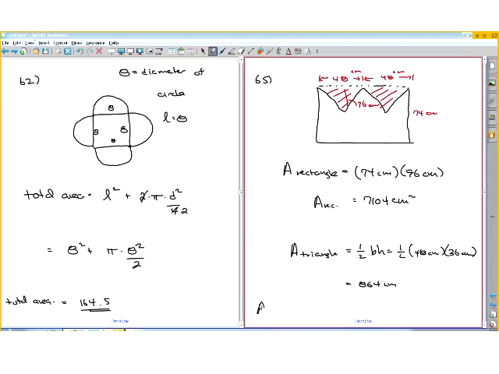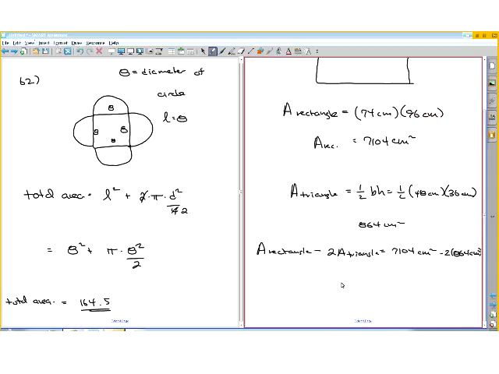So the total shaded area is the large area, the rectangle, minus 2 times the area of the triangle. And that'll leave what's left. So we get 7,104 centimeters squared. I'm going to make sure I put squared in there. Minus 2 times 864 centimeters squared.